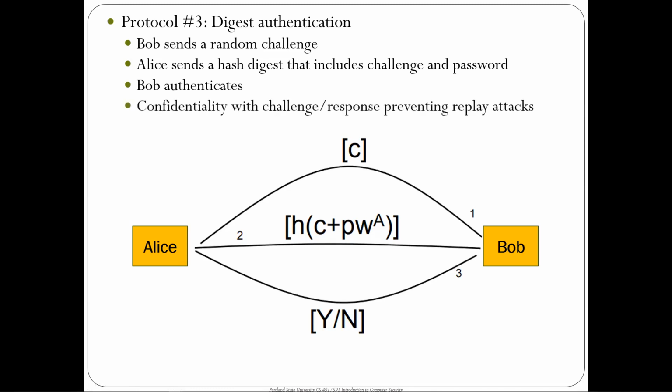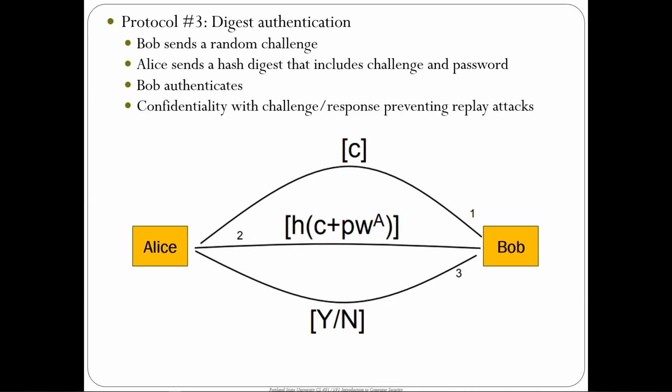Okay, so this is confidentiality because the password is not revealed, and it prevents replay attacks because you have to respond to the random challenge. The only way you could do a replay is if you observe billions of challenges going by and then record all the hashes in response, and then you could do a replay.